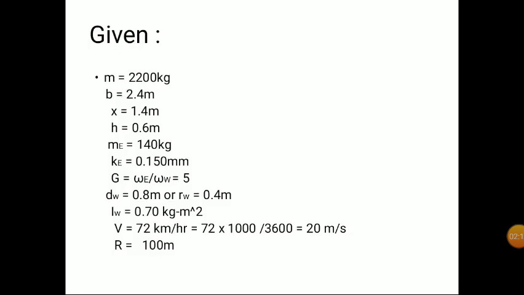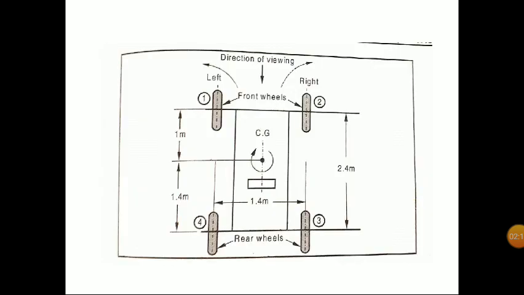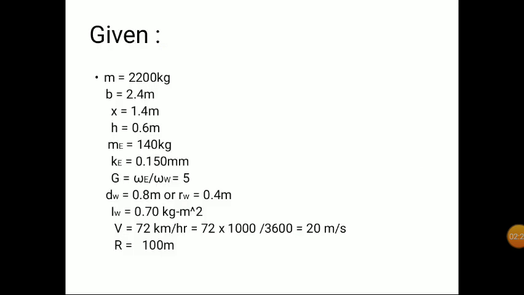Next, H is 0.6 meter. H was already discussed in the last section: it is the height of the center of gravity from the road surface. Then ME, mass of engine, is given as 140 kg. KE, radius of gyration of engine, is 0.150 meter. Then the back axle ratio, gear ratio, is given as 5.